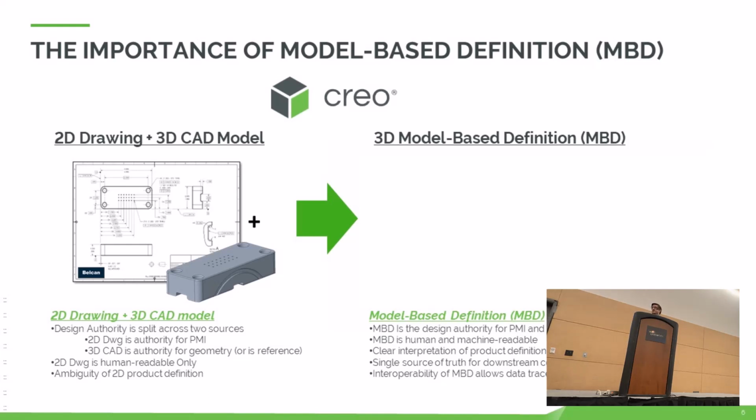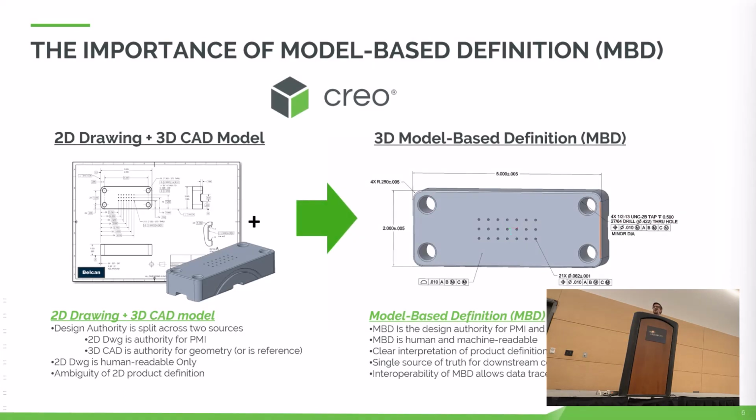As we move over into a 3D world, into model-based definition, a lot of these shortcomings are resolved. So the MBD is the design authority for both PMI and geometry. The MBD is human and machine readable. And we have clear interpretation of product definition through semantic references.